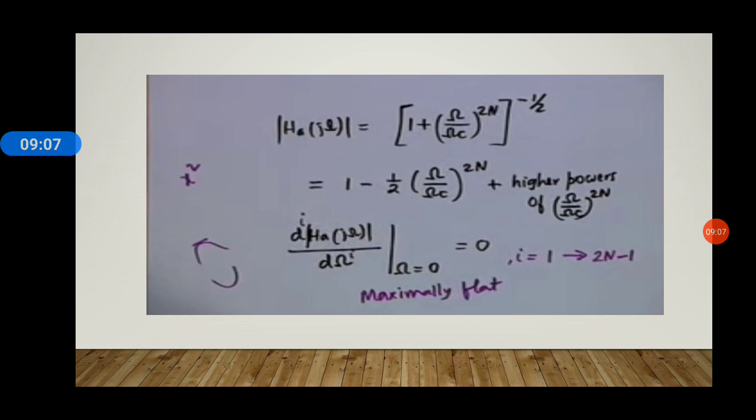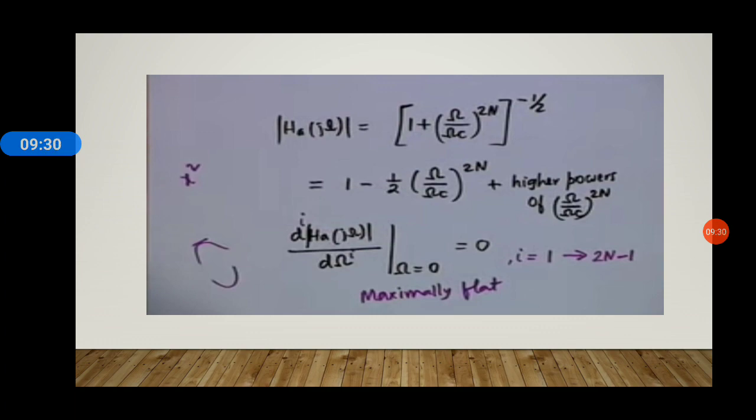Now, we see that we can write |H(jω)| in this form. If we take it to the numerator, we can write it whole to the power minus half, and if we expand it, it would be 1 minus half (ω/ωc) to the power 2n, plus higher orders of (ω/ωc) to the power 2n.